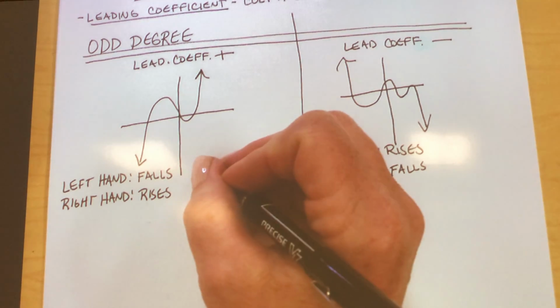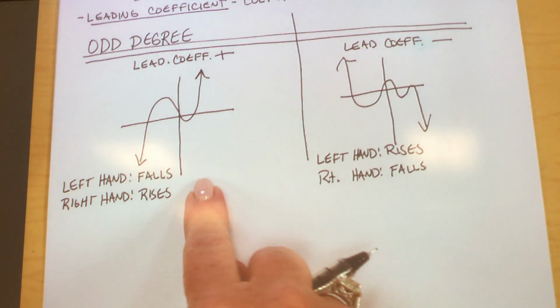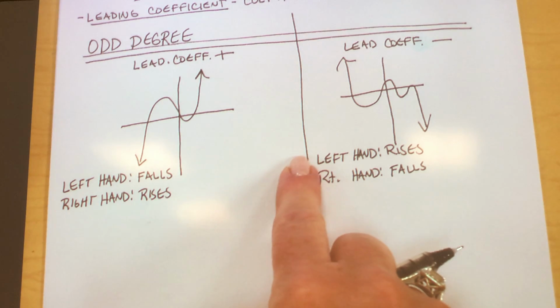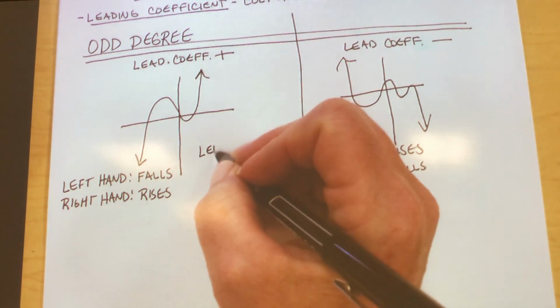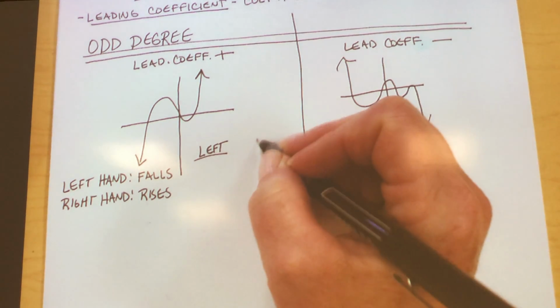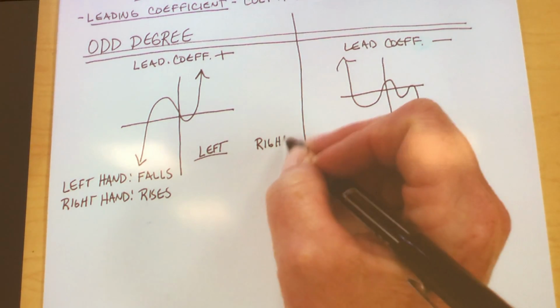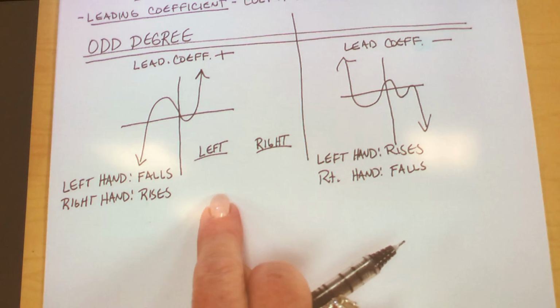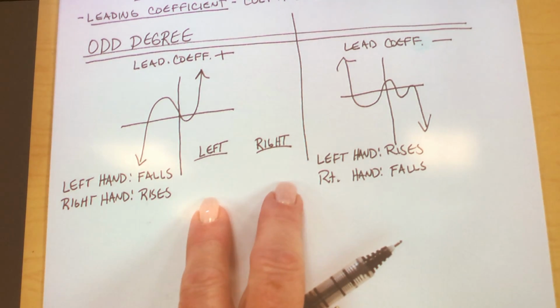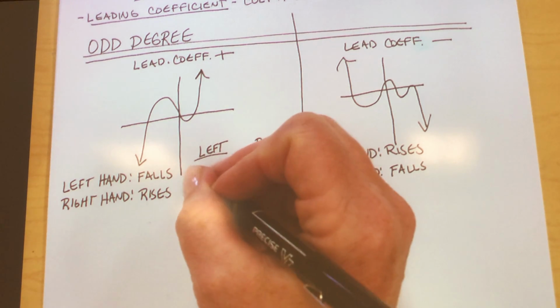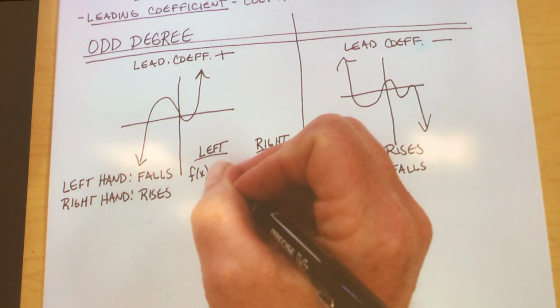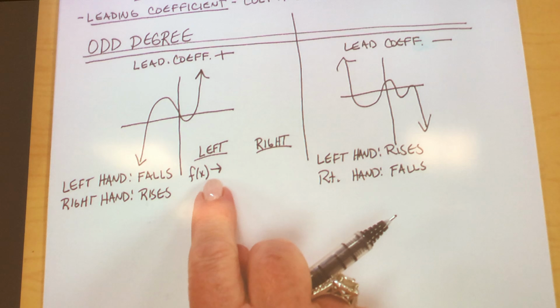So I'm gonna do the left hand behavior on the left side, and then I'll do the right hand behavior on the right side, okay? I'll label it the first time, but then after that, I will not label it. There is no reason to label it, people, because the x will tell you which side I'm doing, all right? So here we go. Left-hand side, f of x approaches, that's what that arrow means, approaches.